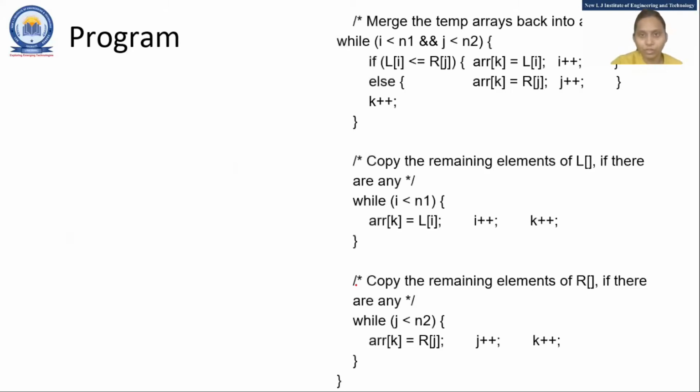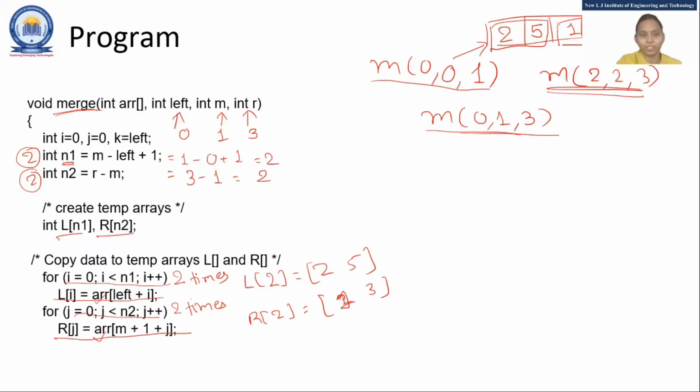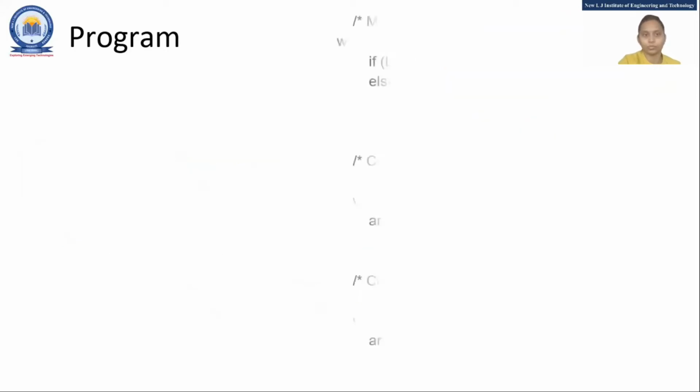Right. Now, next it says you have to check whether I is less than N1 or not. In our case, I and J both are at which place? Check. Let me write all this again for you. I is 0, J is 0, and K is left. Left means here, left is 0.